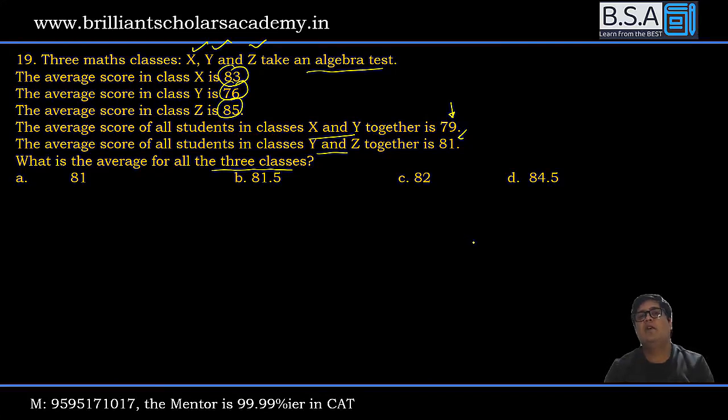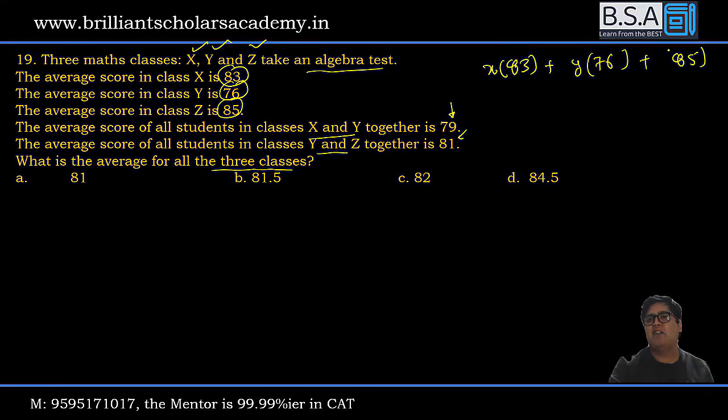So what is the question trying to hide from us? Strength of each class. See, if I tell you how many students are there in X, so can I say 83 is the average into students is total marks? 76 is the average into Y students, total marks. 85 is the average into Z total marks.